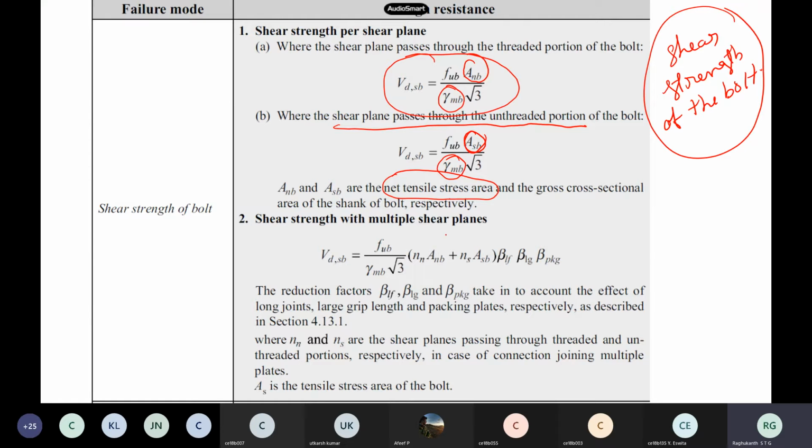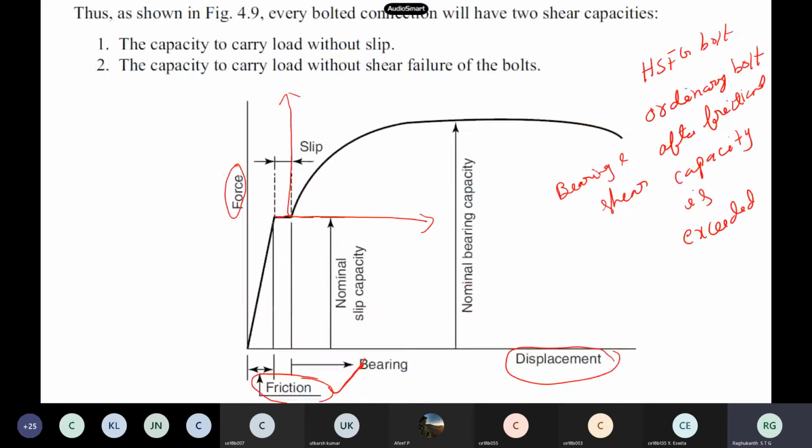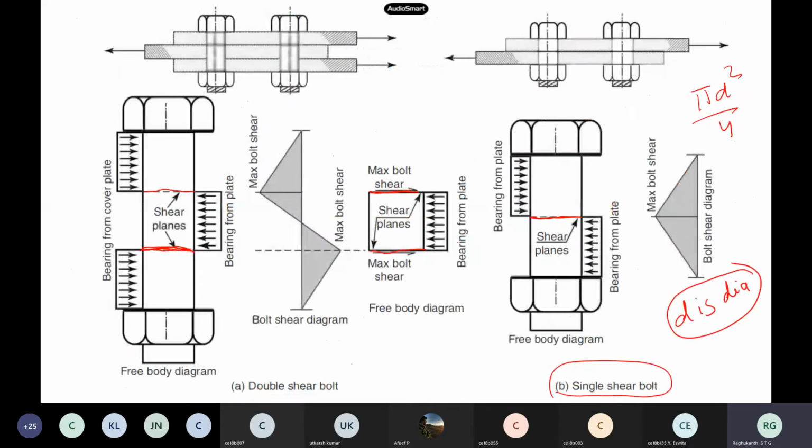Now, when you have multiple shear planes, as in a double cover butt joint, one plane may pass through the shank portion and the other plane may pass through the thread portion. But generally in a lap joint it will be in the shank only. In double cover butt joints, because the joint is thick, sometimes the top plane is in the shank and the bottom is in the thread.